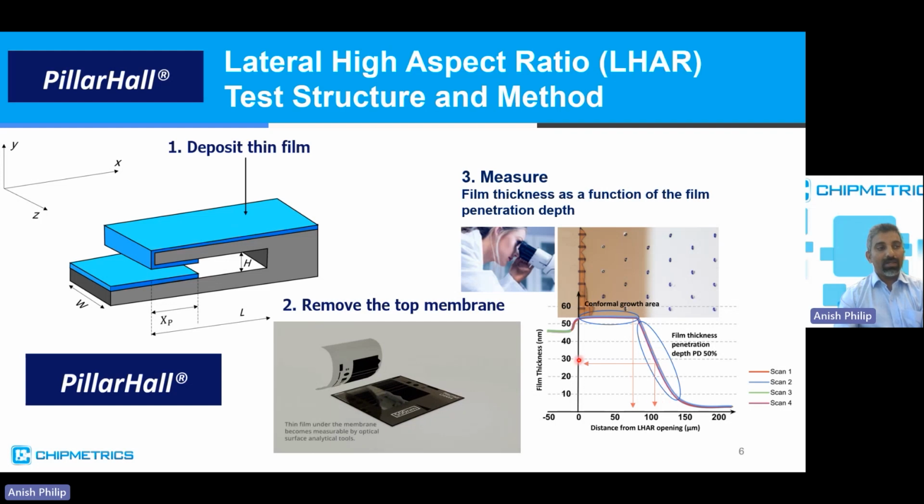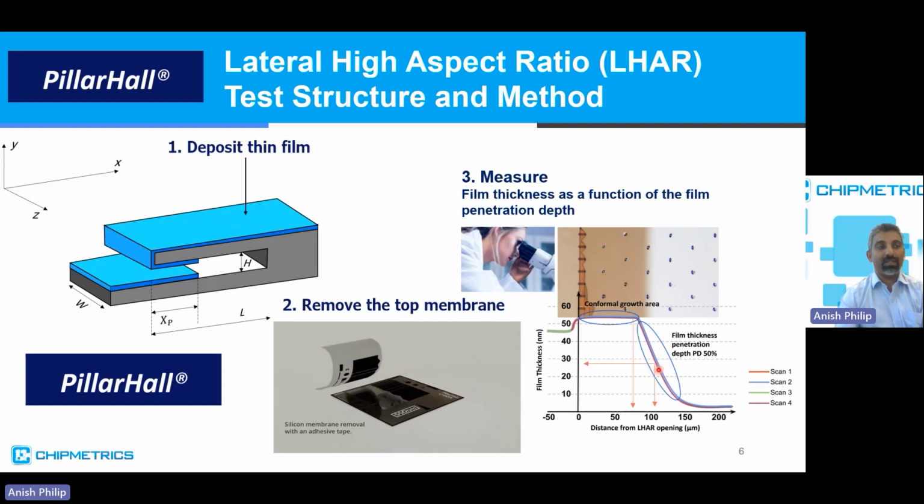So here there is this arrow mark. This indicates the penetration depth at 50% of the initial thickness. Somewhere here, 25 nanometer will be the half of the initial thickness. So up to what length can you see the filling with 25 nanometer? I mean up to around 100 or 110 micrometers.